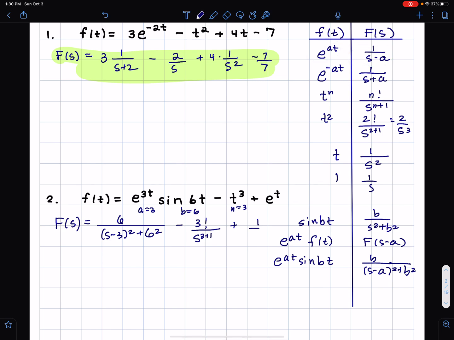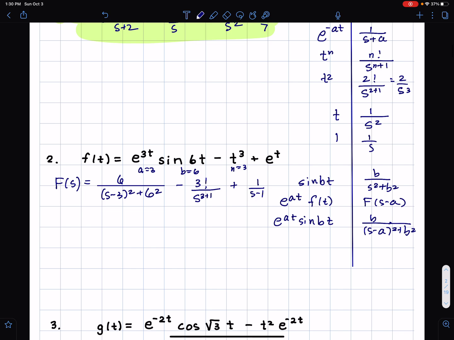So this will make 1 over s minus 1. I can make that look slightly simplified. 3 factorial, remember, is 3 times 2 times 1, so that's 6. And that's 6 over s to the fourth plus 1 over s minus 1.